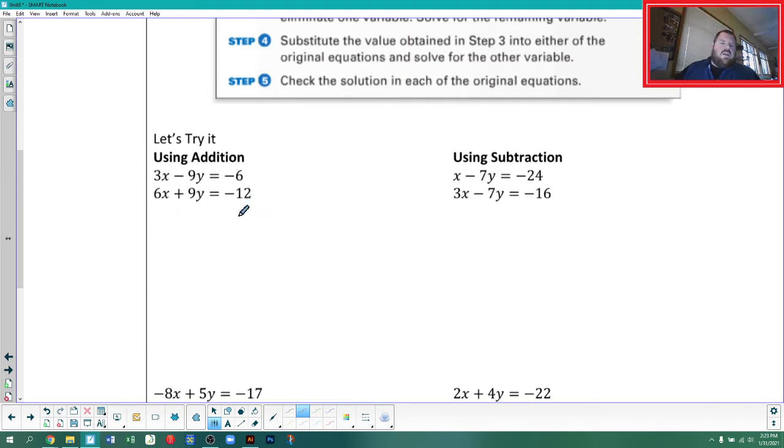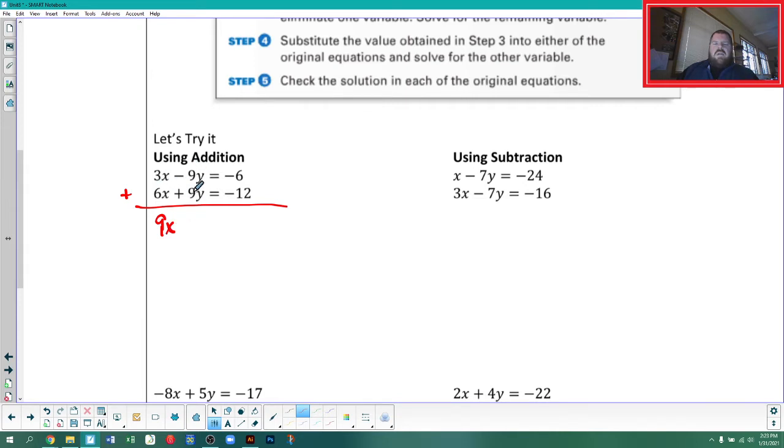Now I'm trying to think about getting rid of one of the variables. I noticed that if I just add these two equations, old school addition, straight down in each one of my columns, I'm going to get 3x plus 6x, which is 9x.